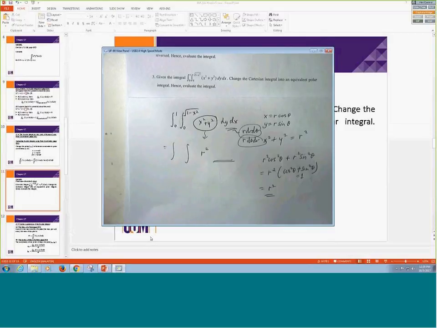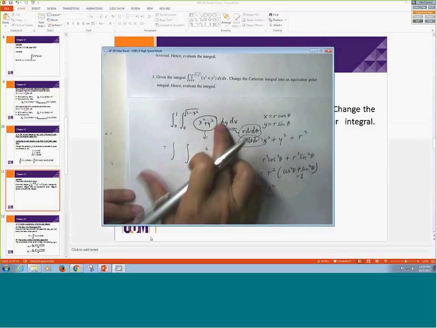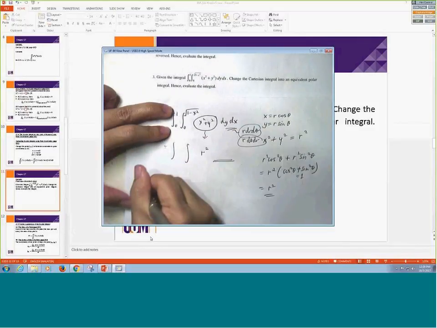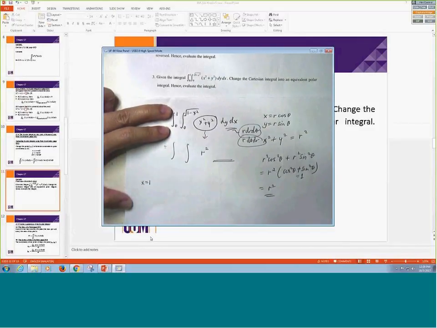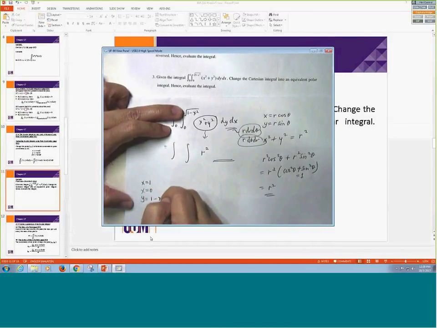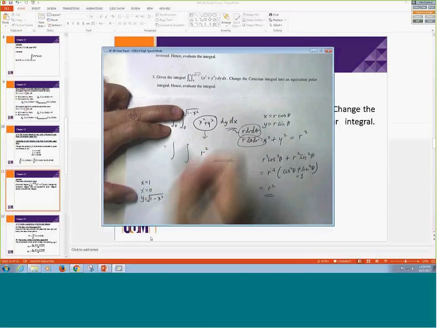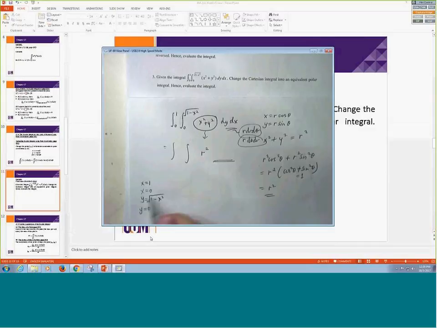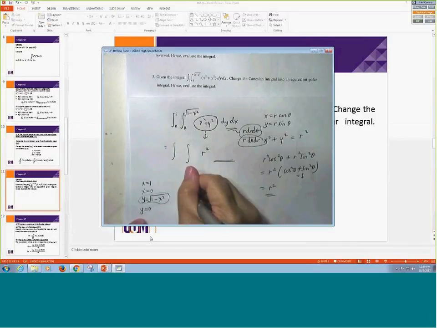So what does it give us? It gives us x equals 0 to x equals 1, y equals the square root of 1 minus x squared, and the other one is y equals 0. Now, the question is, what is this graph? Looks like we do not know, because of the square root. The easier way is to see what it is without the square root.